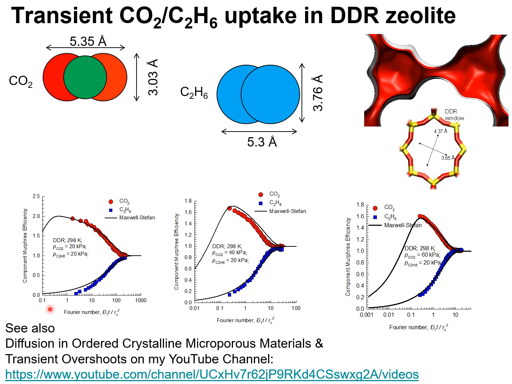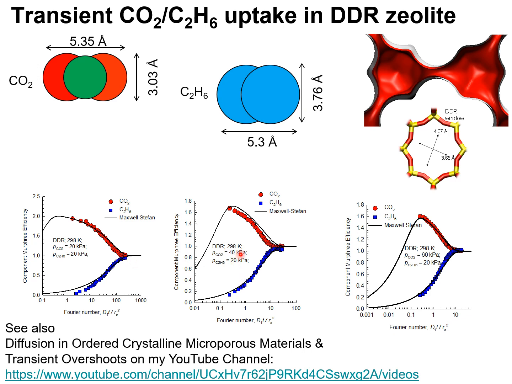This combination leads to the possibility of kinetic separation, and the transient uptake of mixtures of carbon dioxide and ethane are shown here. The experimental data are shown by the red circles and the green squares for CO2 and ethane respectively. And the data are for three particular sets of compositions in the bulk vapor phase, a mixture with 20 kilopascal each of CO2 and ethane.